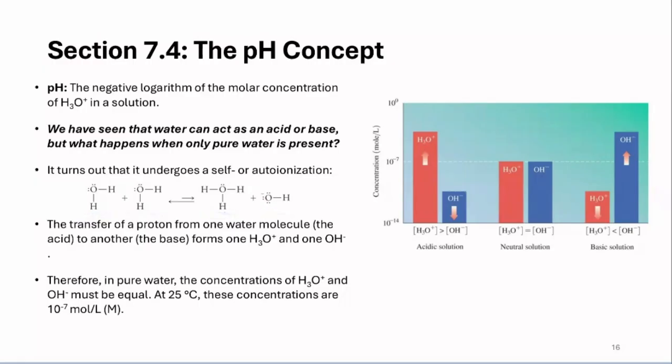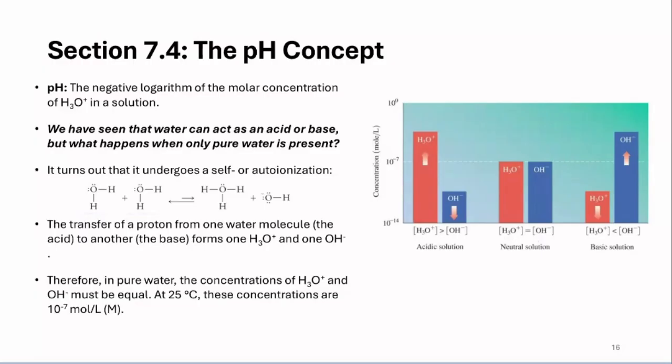So even though this reaction has forward and reverse rates, understand that the preferred form for the reaction is water molecules by themselves. Now, from these studies, it was understood that when autoionization happens in water, we consider water to be neutral because overall we see that the concentrations of hydroxide and hydronium are the same.